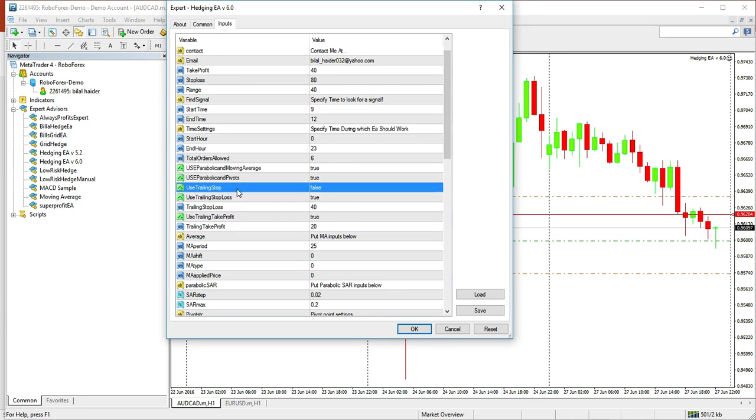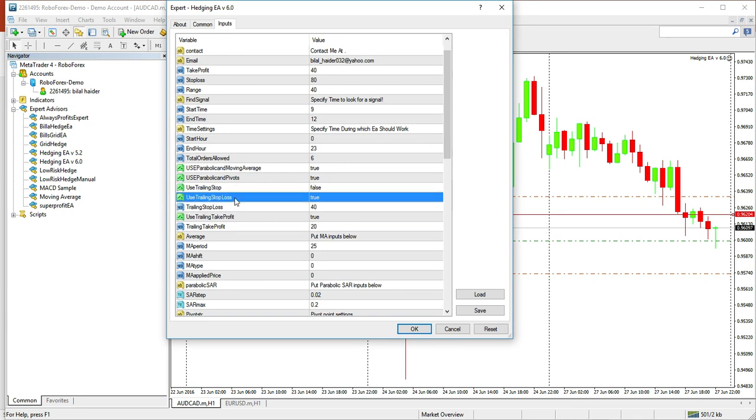If you set it to true, and you set this to true and this to false, only this one will be working and this one will not. Your trailing take profit will be fixed if you set this variable to false. If you set this to true, your take profit will also follow the market and move in your favor. If it's a buy, it will be moving up and up and up. If it's a sell, it will be going down and down and down in your favor.